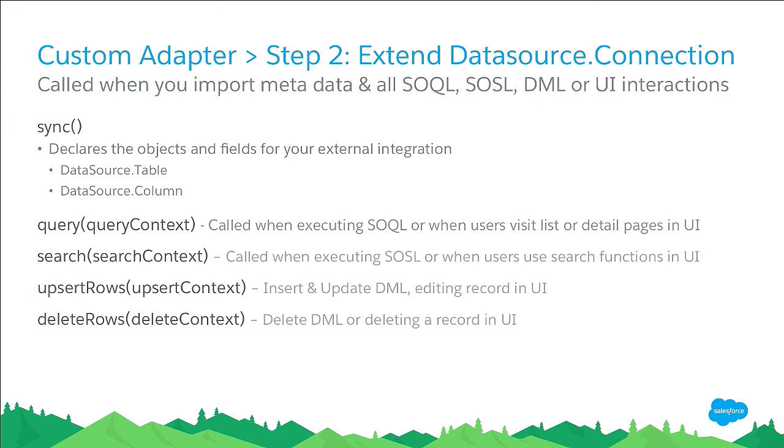And for each of the query, search, upsert, and delete methods, we have a context that gets passed through, which is all the information you need to know what they've searched on, what the filter is, and so on. I'm just going to dump this out, because it puts it in a bit more context of what you have to do when you override these methods.